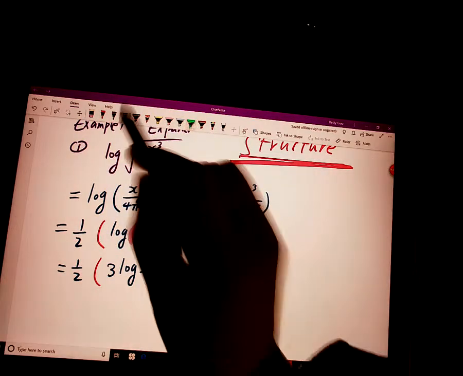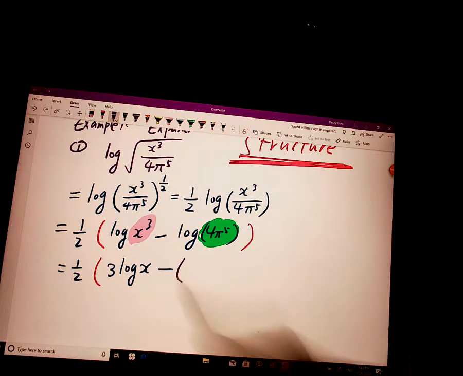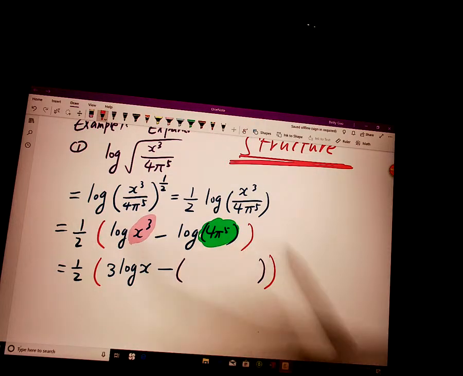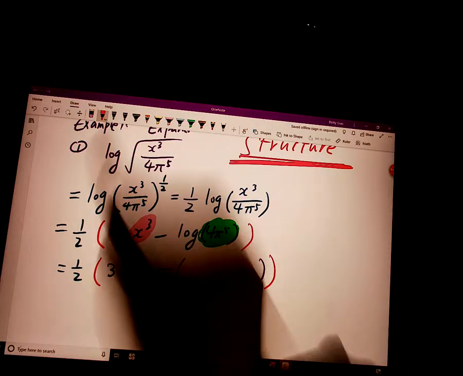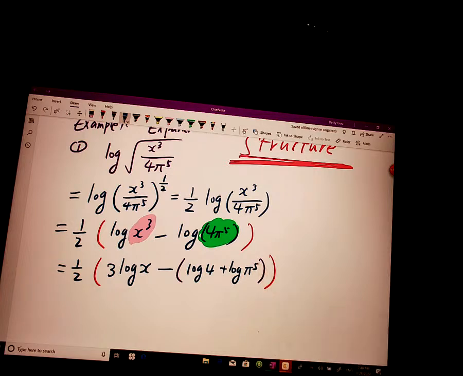I'm going to have a black parenthesis here to hold the expansion of this part, and it is log of 4 plus log of pi to the fifth. See what I'm saying? Be very careful, use a parenthesis here because you have a minus in front. If you do not use a parenthesis, very likely you will mess it up.